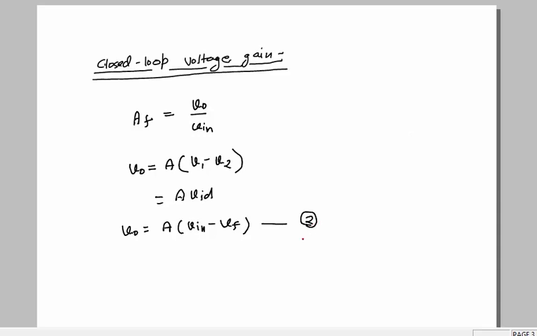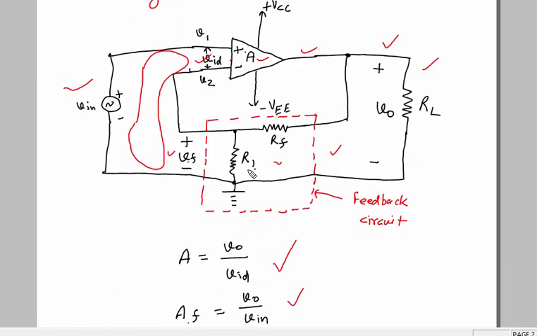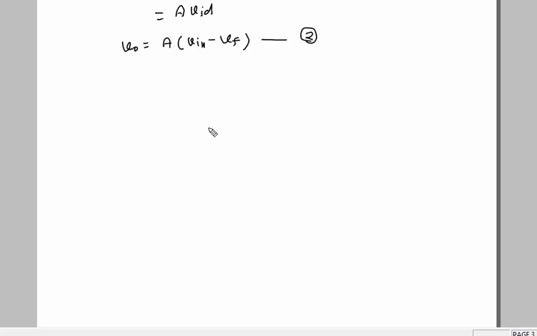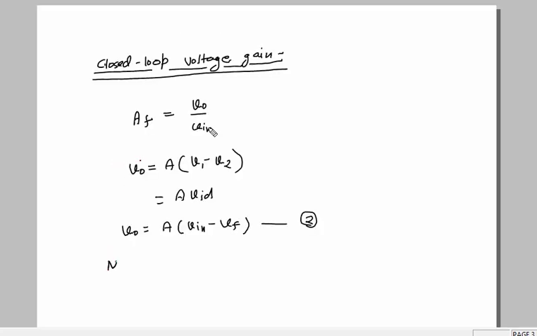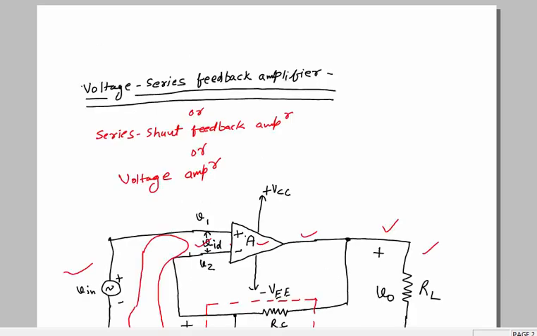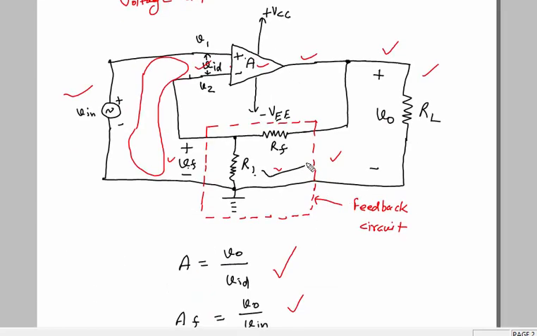Now how can we write VF? If we see this diagram, VF we can write as a voltage divider. By the voltage division rule, VF equals R1 into V naught divided by R1 plus RF, which we have seen from this part of the network.